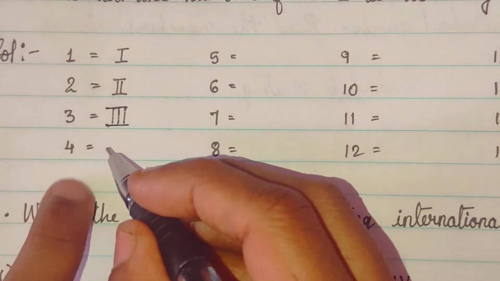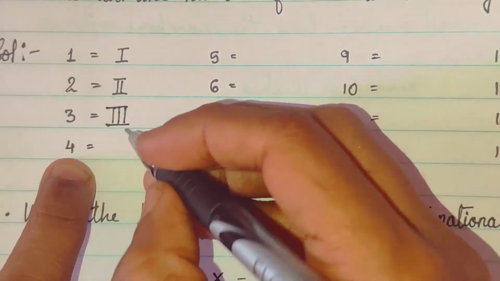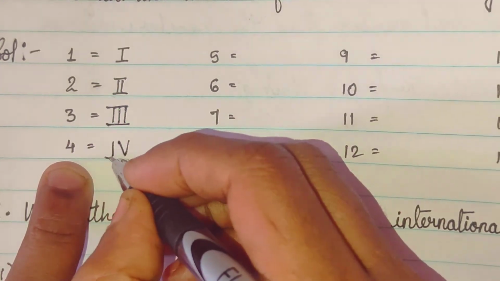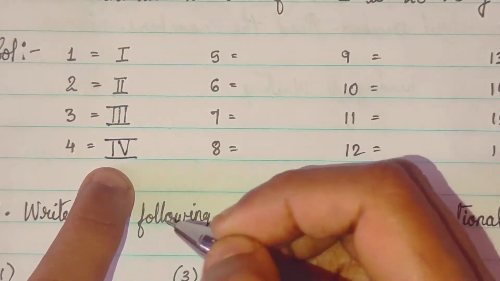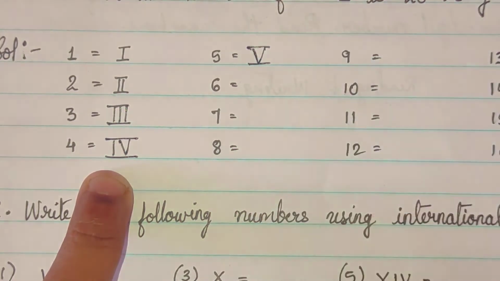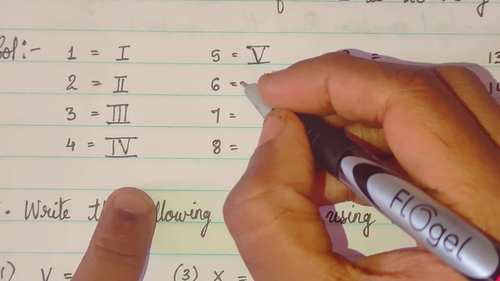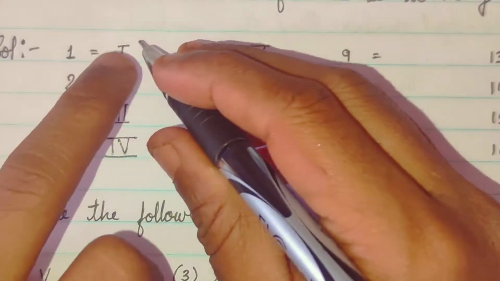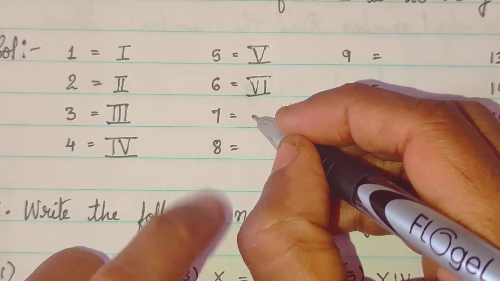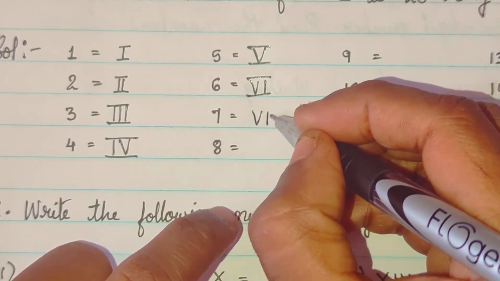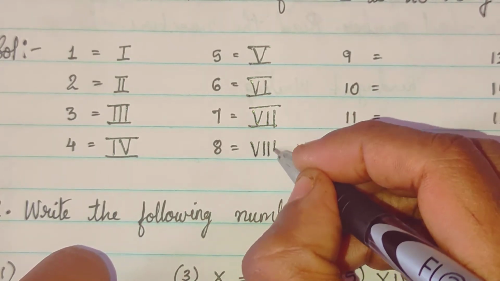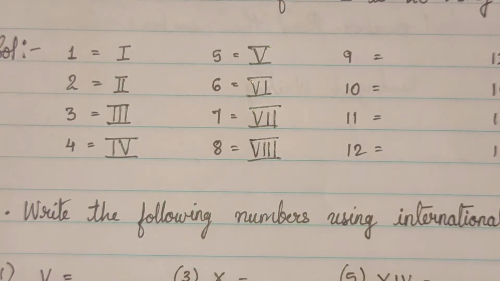Okay. 4 means what? 5 minus 1, so we write 1 before 5. So this is 4. Then 5 we have the alphabet V. So 6 is what? 5 plus 1, 6. Then 7, 5 plus 2, 7. Then 5 plus 3, 8.